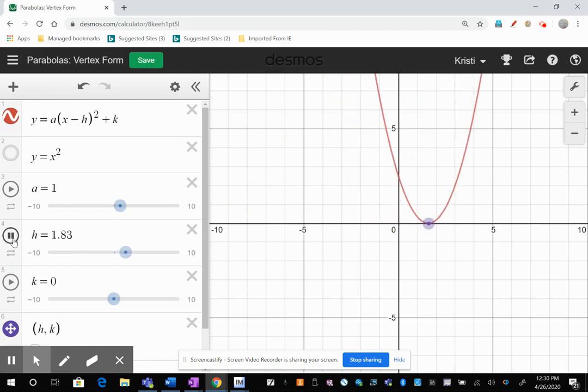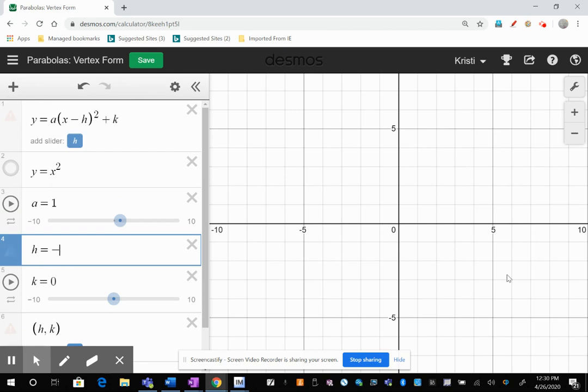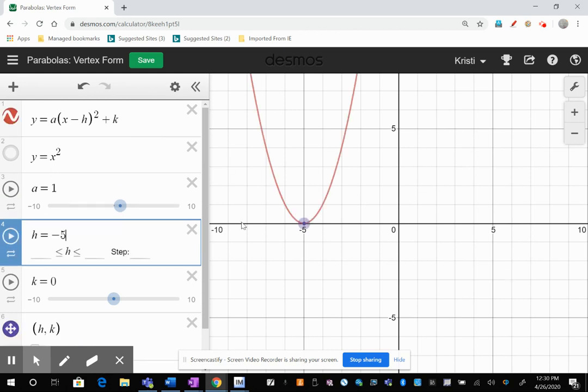For example, when h was 5, instead of being at 0, 0, it's at 5, 0. And if h was -5, it would be at -5 instead of 0, 0.